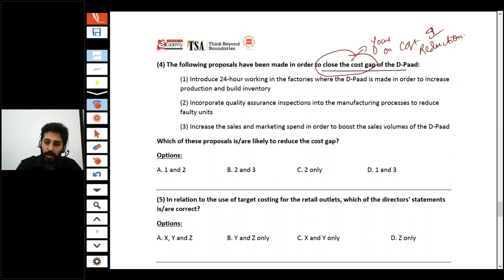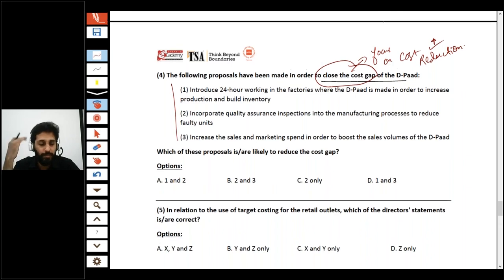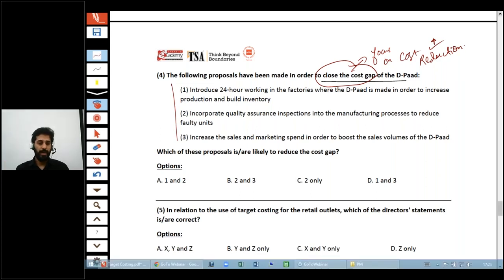So please read these 3 proposals and identify which one is the appropriate option for this.